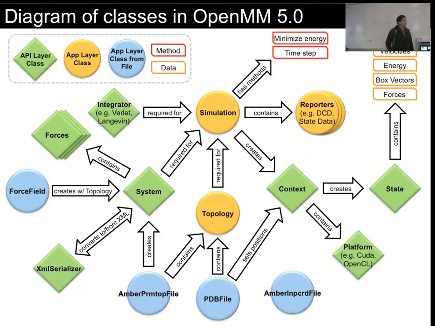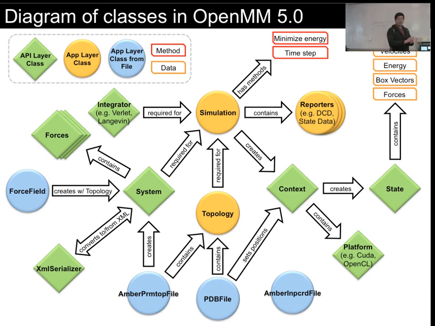Okay. So now we're going to start getting into the technical aspects of OpenMM, and let's familiarize ourselves again with the main components. For those of you who might have become familiar with other MD codes, it might have been a bit of a puzzle to see that there is no single executable called OpenMM.